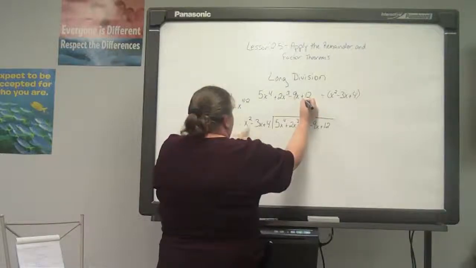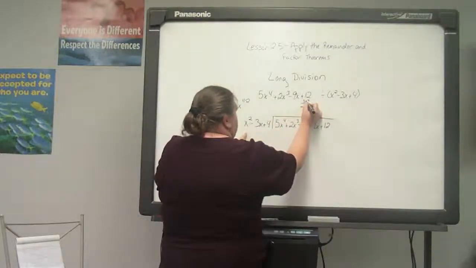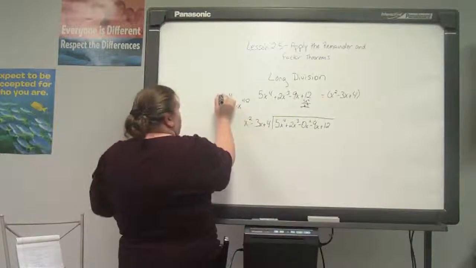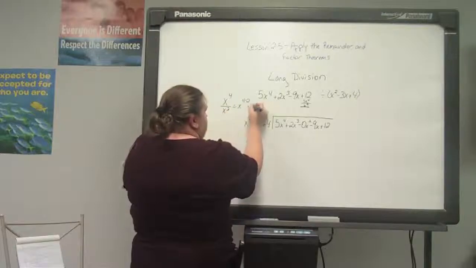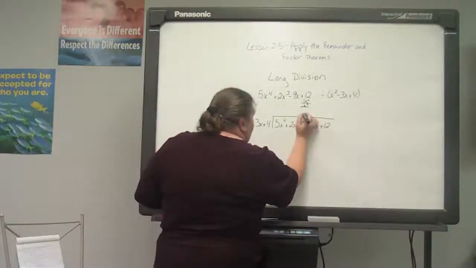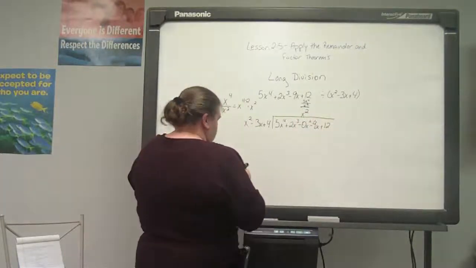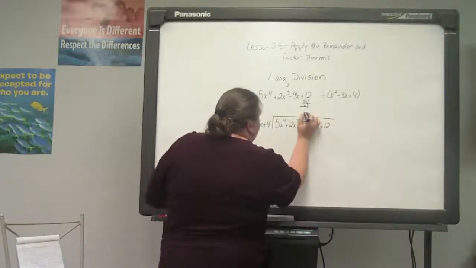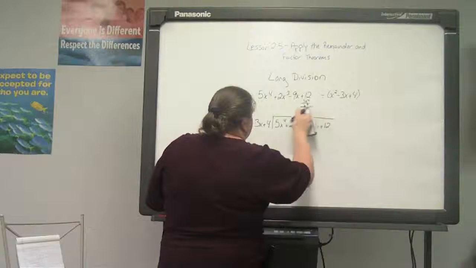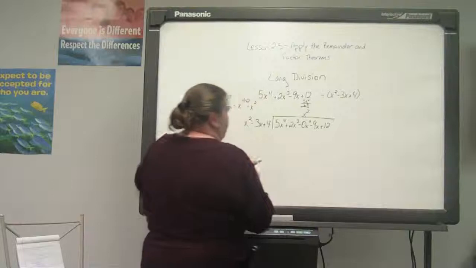We're going to say 5x to the 4th divided by x squared, and all I worried about was my x. So my actual answer is going to be 5x squared. We're going to say 5x squared in blue, so we can see what the answer is.